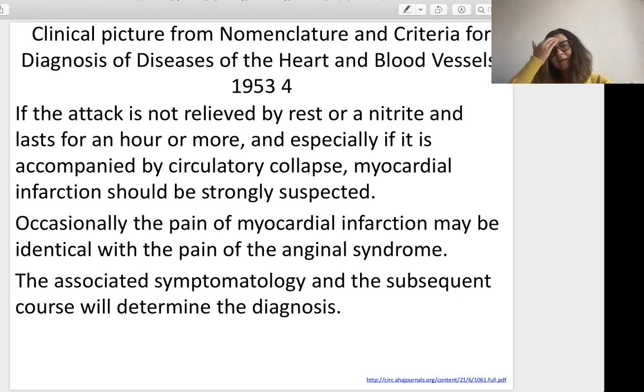Occasionally, the pain of myocardial infarction may be identical with the pain of the anginal syndrome. The associated symptomatology and subsequent course will determine the diagnosis.